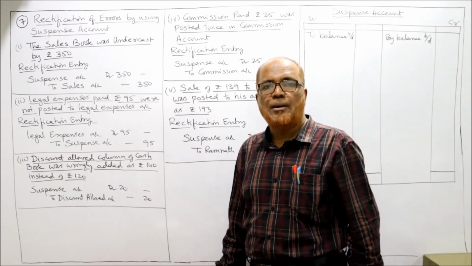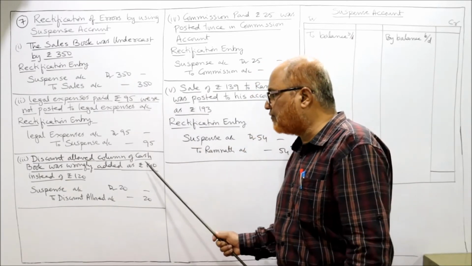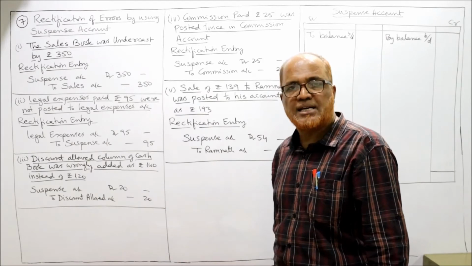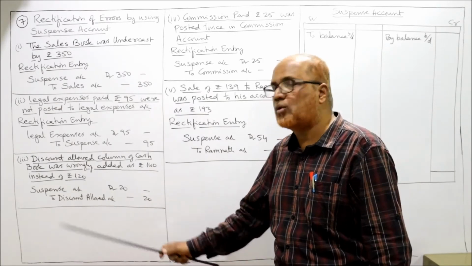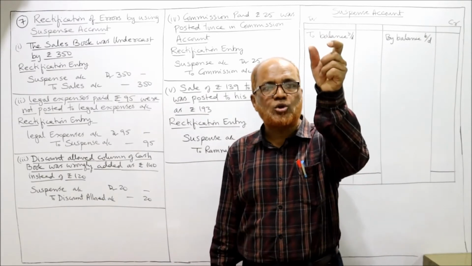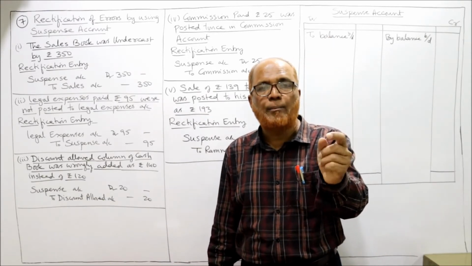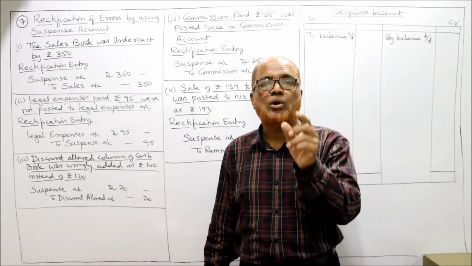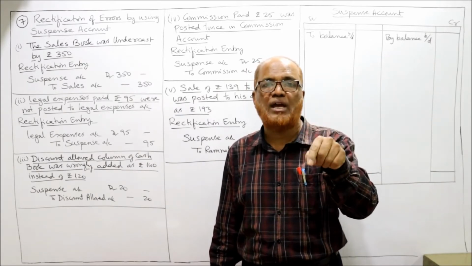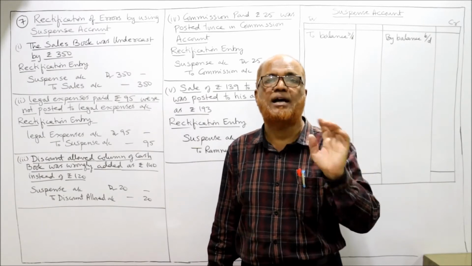On debit side, by mistake we have taken 140 instead of the correct amount of 120. So actually discount allowed should have been debited by 120. By mistake we have debited by 140. So 20 rupees more we have taken on debit side.